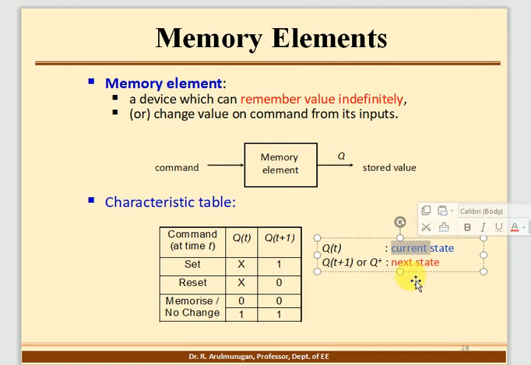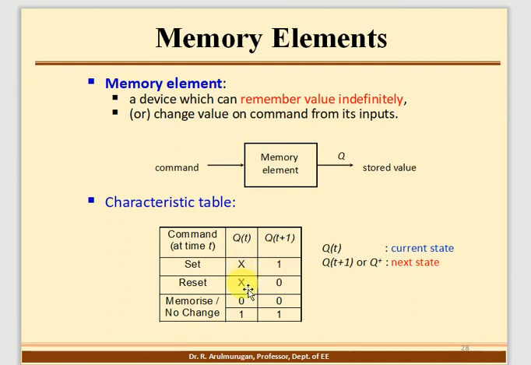The current state is a don't care, and only the next state value is present. Reset means 0, set means 1. Then there is no change, and another is toggle.